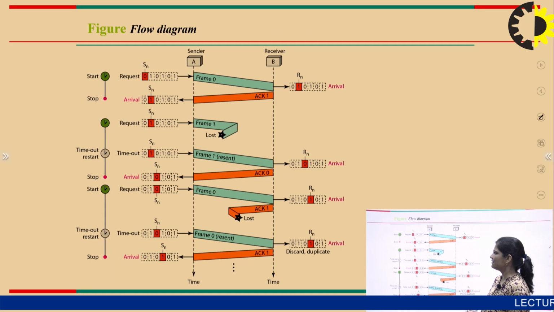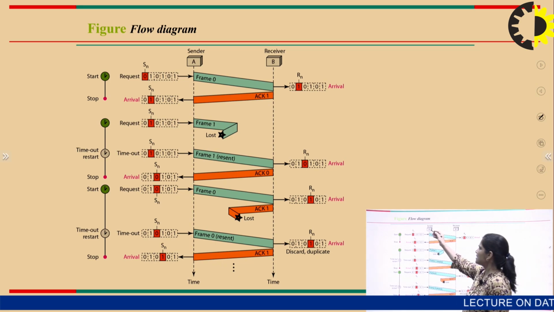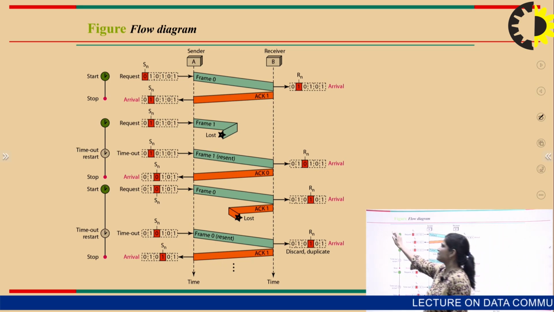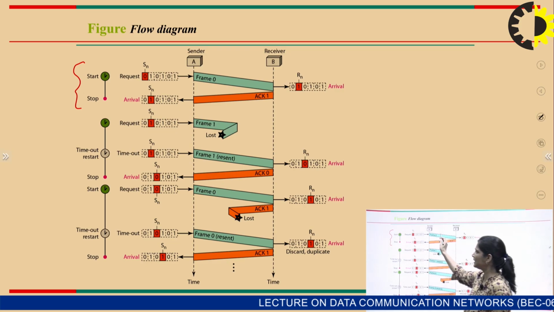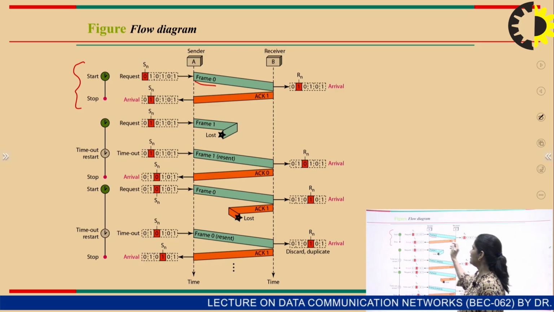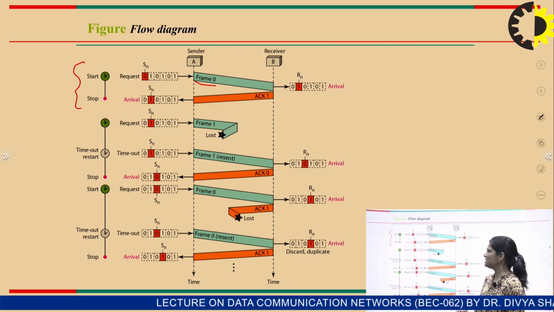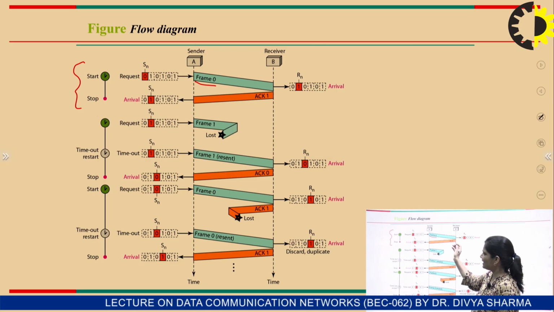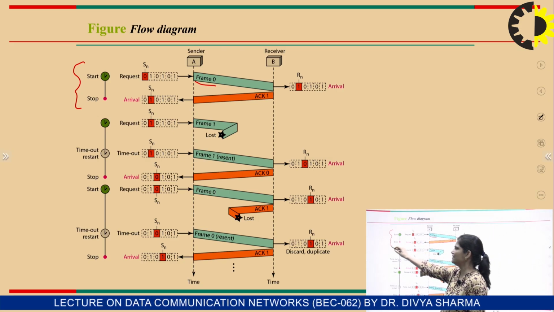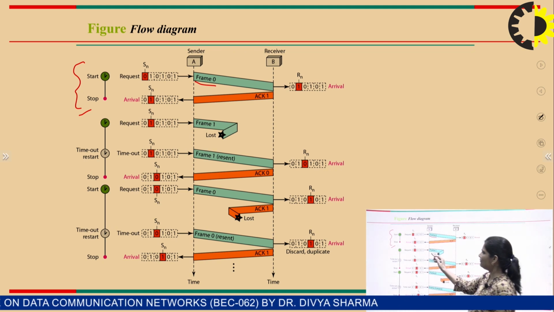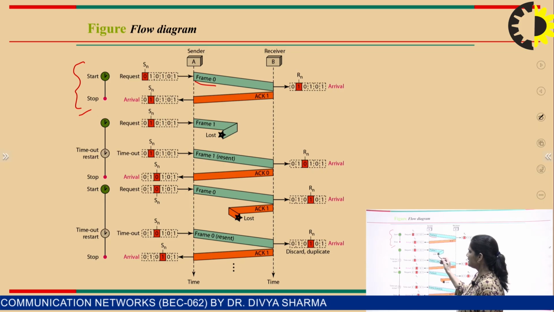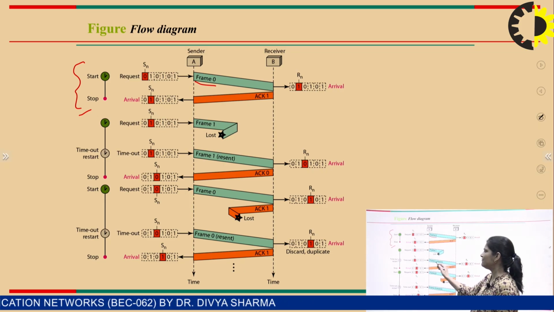We can see its flow diagram. This is a sender, this is a receiver. We are starting the timer here, this is start and this is stop. It means in this timer, we are sending a request to send this frame 0, and we are getting the acknowledgement for this frame in this timer before the timer stops. Now again we are sending frame 1 and it is lost. So again we have to send frame 1, resend it, and we will get the acknowledgement.